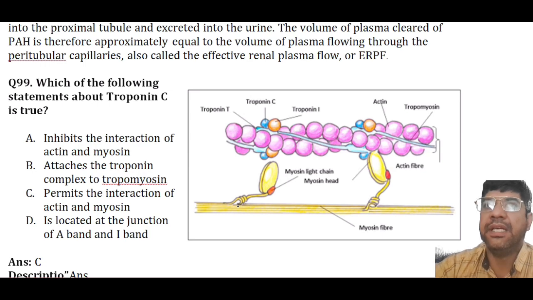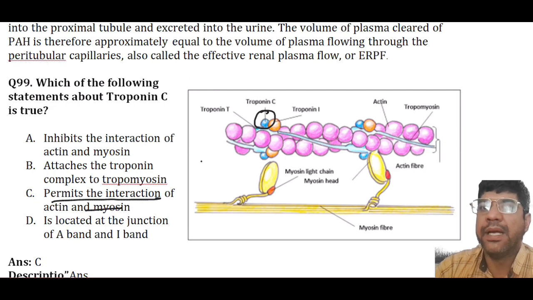Which of following statement is true about the troponin C? Troponin C is one of the main components of the troponin complex. So it binds calcium ion, and in presence of calcium it initiates the muscle contraction by permitting the interaction of actin and myosin.